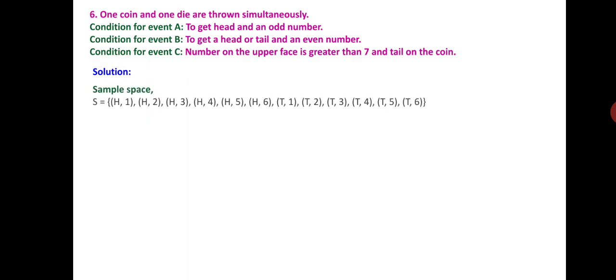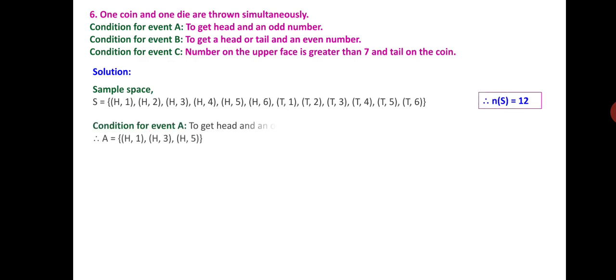S is equal to H1, H2, H3, H4, H5 and H6. This is for head and the number combination. Now we'll consider tail and the number on the face of the die: T1, T2, T3, T4, T5, T6. This is the sample space. Therefore, we are getting n(S) is equal to 12.